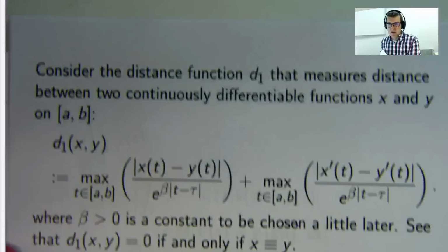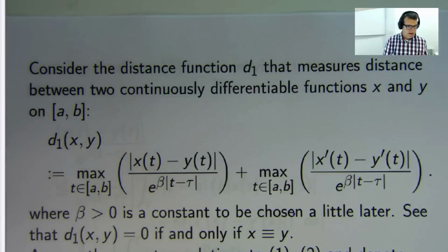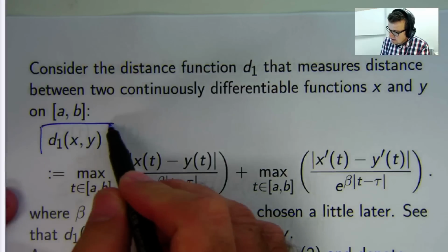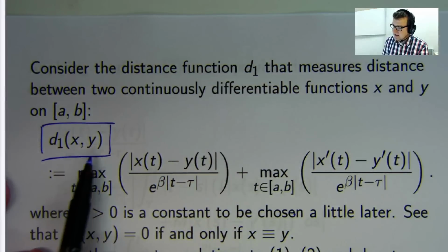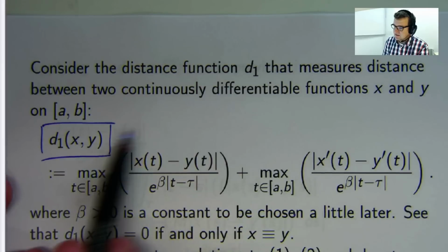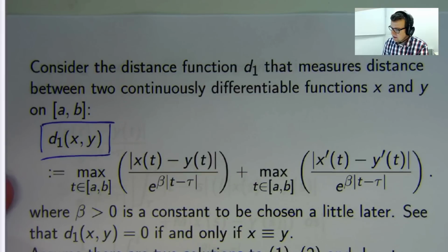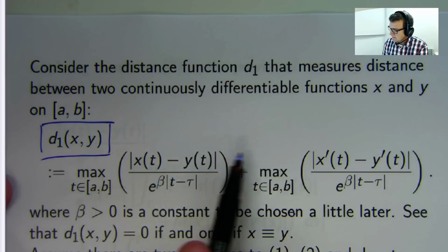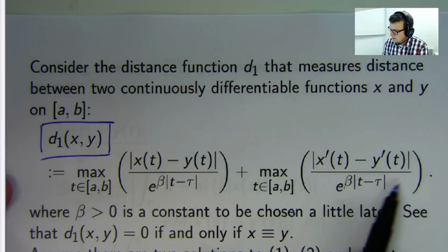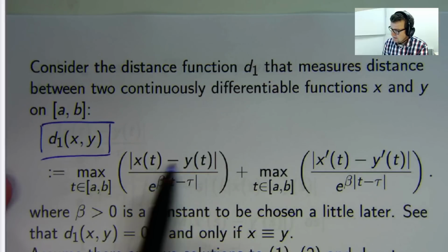Now, earlier on, I talked about using a new distance function. Well, we're going to measure the distance between a function x and a function y through this D1 metric here. Okay, you can see we look at the absolute value of the difference between the functions and their derivatives, and we divide by this exponential function.